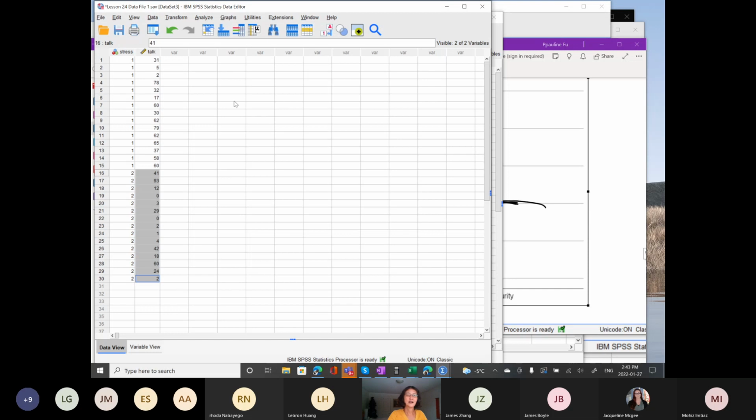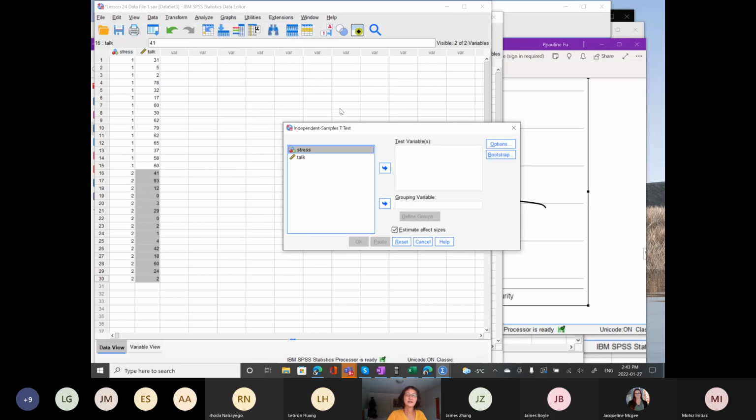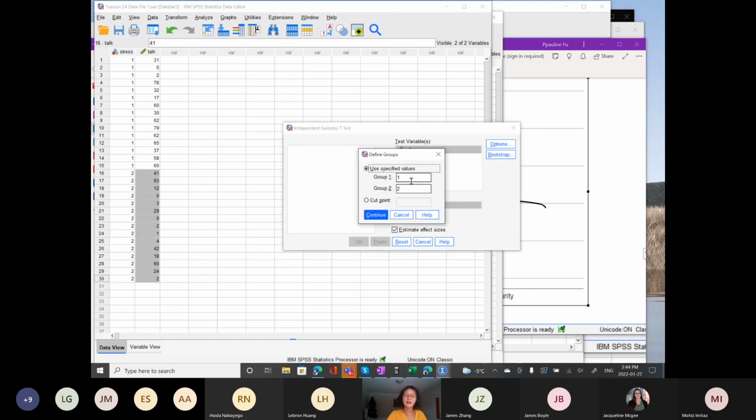Right. So now we do Analyze, Compare Means, Independent Samples t-test. The test variable is talk, and this variable is based on stress. And stress is based on group 1 or group 2.